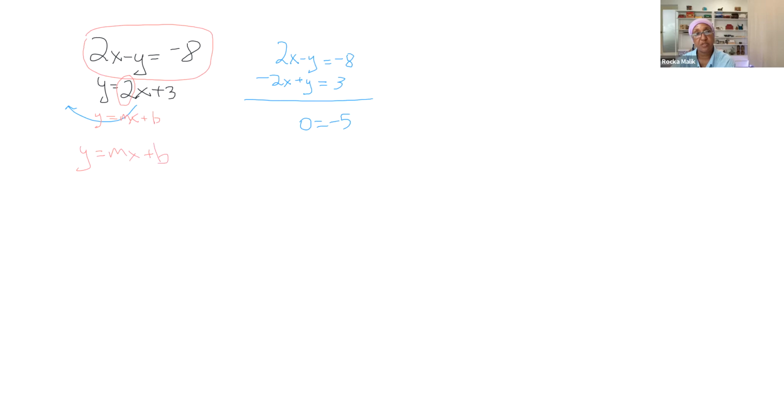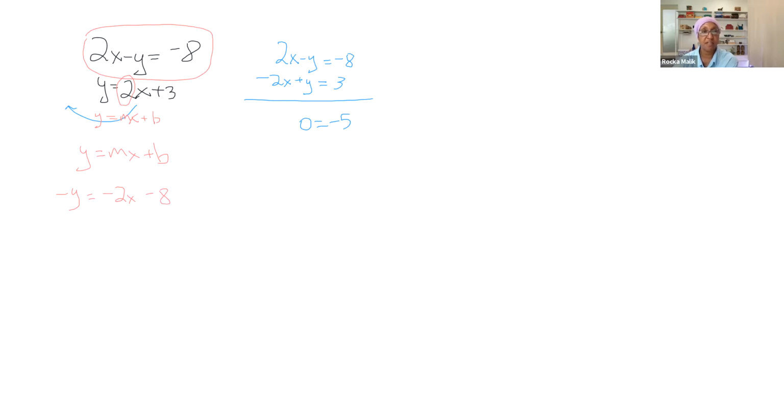So I'll leave my minus y here. I move the 2x to the other side, which is minus 2x. Minus 8. Slope intercept form says that my y has to be positive. So I'm going to go through and change the sign of everyone.